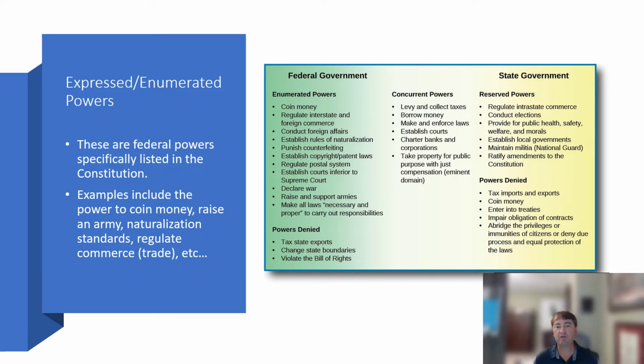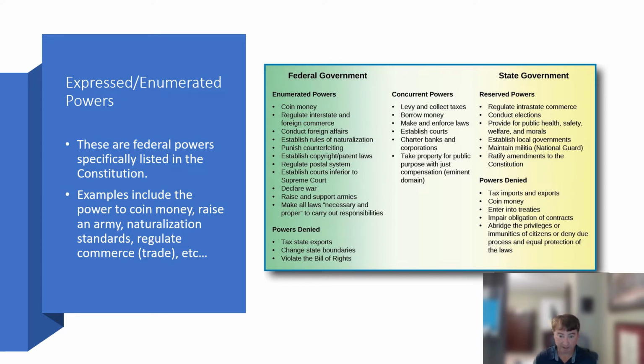These are powers that there's no question about because they're specifically listed in the Constitution as federal powers. Some examples are coining money. In other words, only the federal government can make or create money. The state of South Carolina can't decide one day that it's just going to print its own kind of money. That's not legal. That's unconstitutional. Only the federal government can do that.